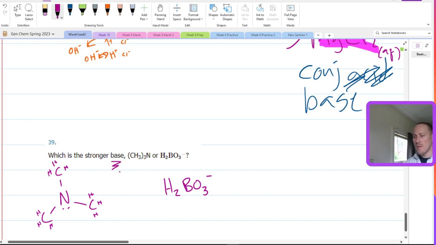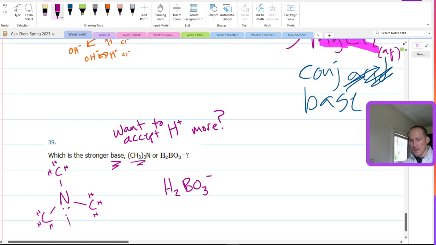Meaning which one of them wants to accept a proton more? Now, you could see that this trimethylamine could theoretically fit a proton right there, but then it would have a plus charge.